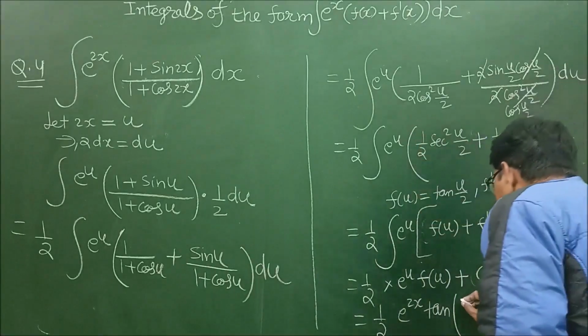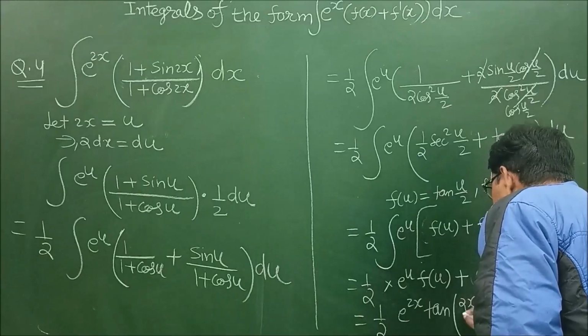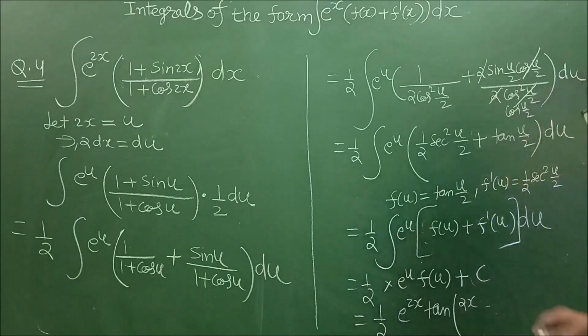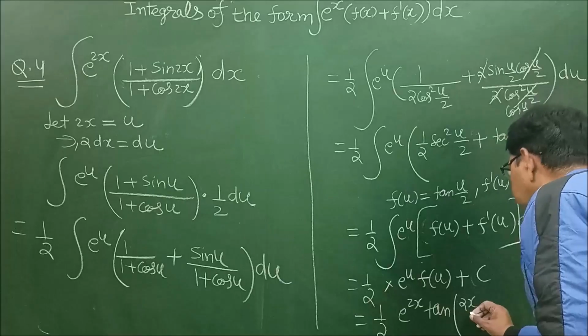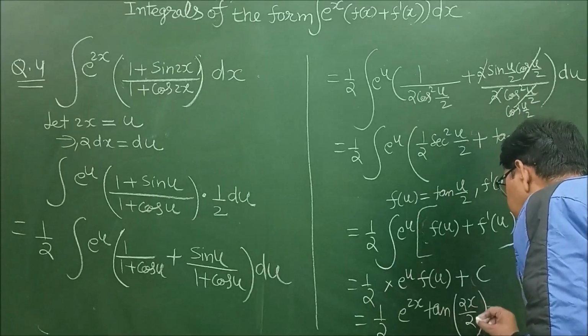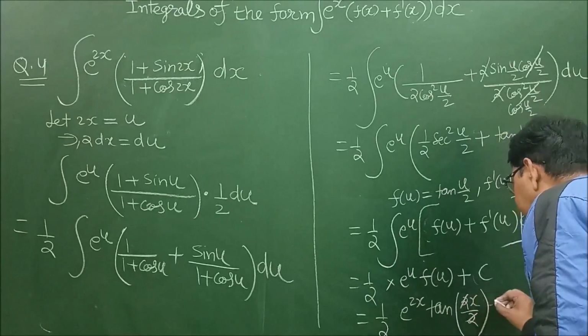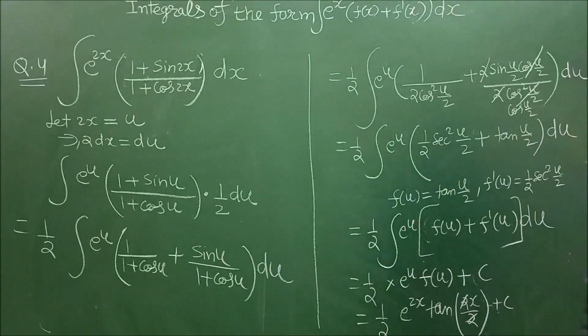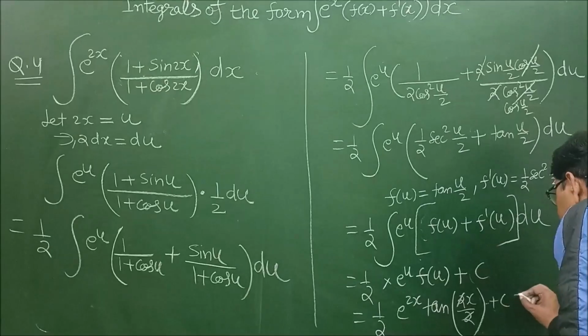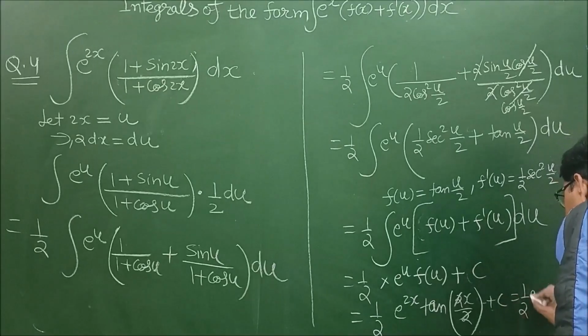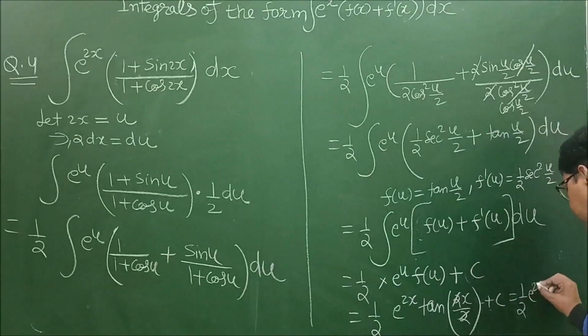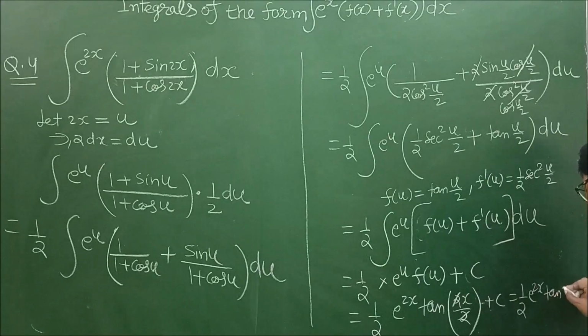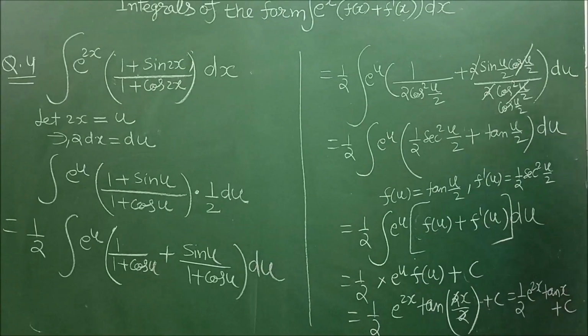From there you can write 2x upon 2, that is this 2 and 2 get cancelled here, plus c. So the final answer is half e raised to the power 2x tan x plus C.